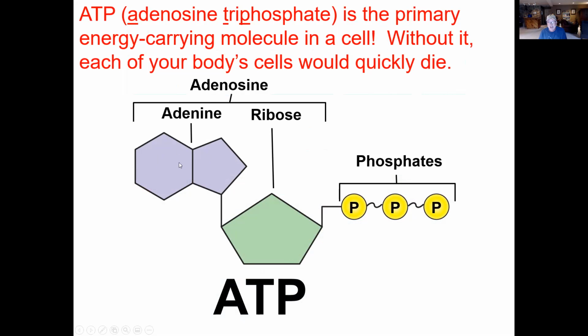This is adenine. We'll talk about it coming up when we discuss more about DNA, but it may sound familiar to you. It's one of the nitrogenous bases of nucleic acids. This is called a ribose sugar, which you may recognize from RNA. And so it's bonded to this adenine. This is a covalent bond here.